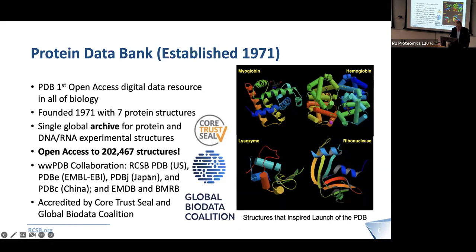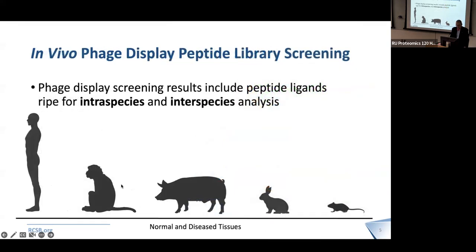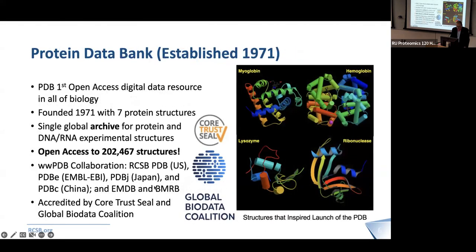Management of the PDB archive used to be a US-only activity, but since 2003, it's become globalized, involving data centers here in the US. So RCSB Protein Data Bank based at Rutgers, UCSD and UCSF, and also Protein Data Bank Europe, Protein Data Bank Japan, most recently Protein Data Bank China, and then two specialist data resources, Electron Microscopy Data Bank and the Biological Magnetic Resonance Bank.